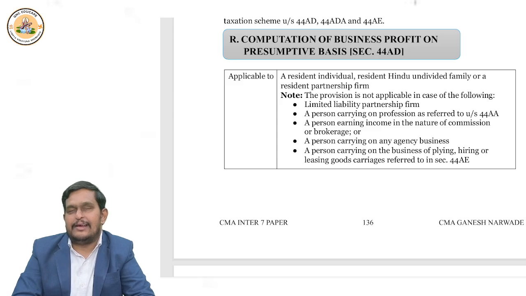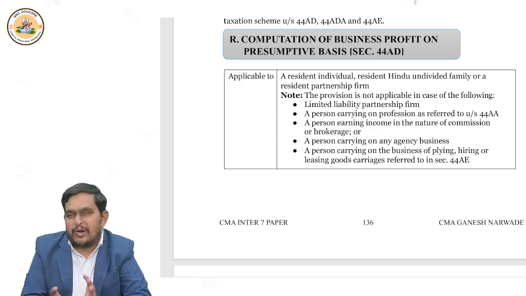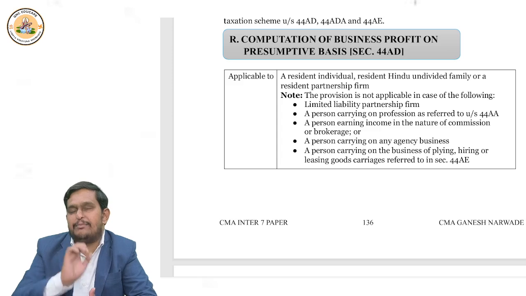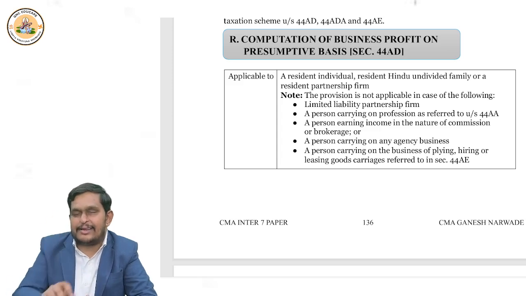Similarly, if your business is earning income through commission or brokerage, like you would have seen websites like No Broker, their main business is brokerage. So if businesses are into commission business or brokerage business, for that income this section doesn't apply.